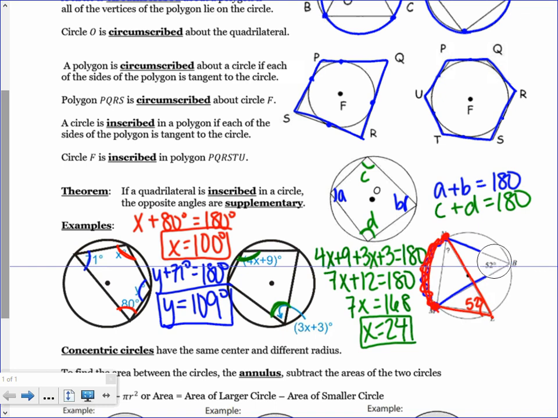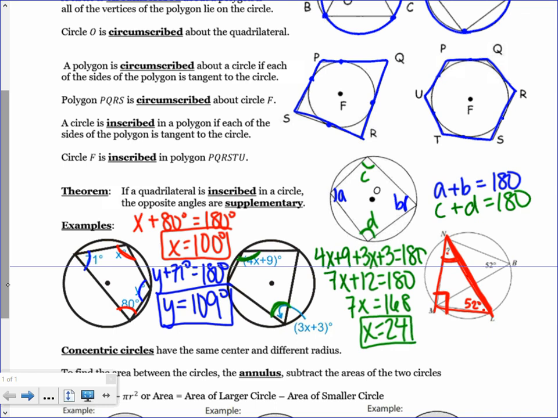Then I'm going to erase so that I can look at a different aspect of the figure. We have a triangle here. And anytime our triangle has a diameter, this is a right angle. So we have a right triangle, and we know that this angle L is 52 degrees. So how can we find this angle here? Well, you know that this angle and this angle are complementary.